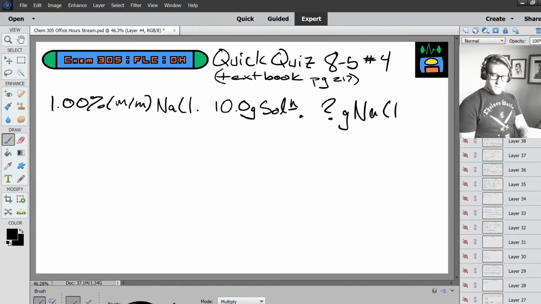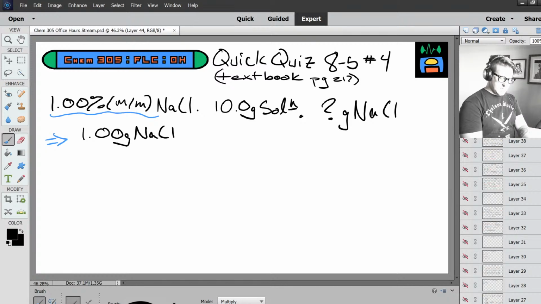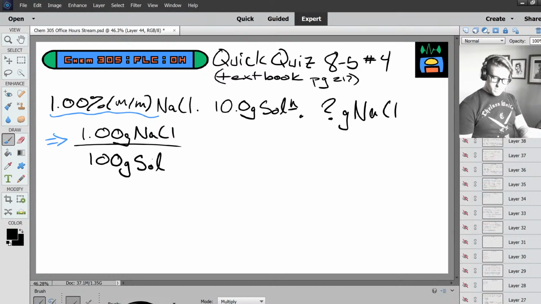So, again, remember what this means. It means that you have 1.00 grams of sodium chloride in 100 grams of solution. So notice we've been asked to find our mass of sodium chloride, and we've been given our grams of solution.